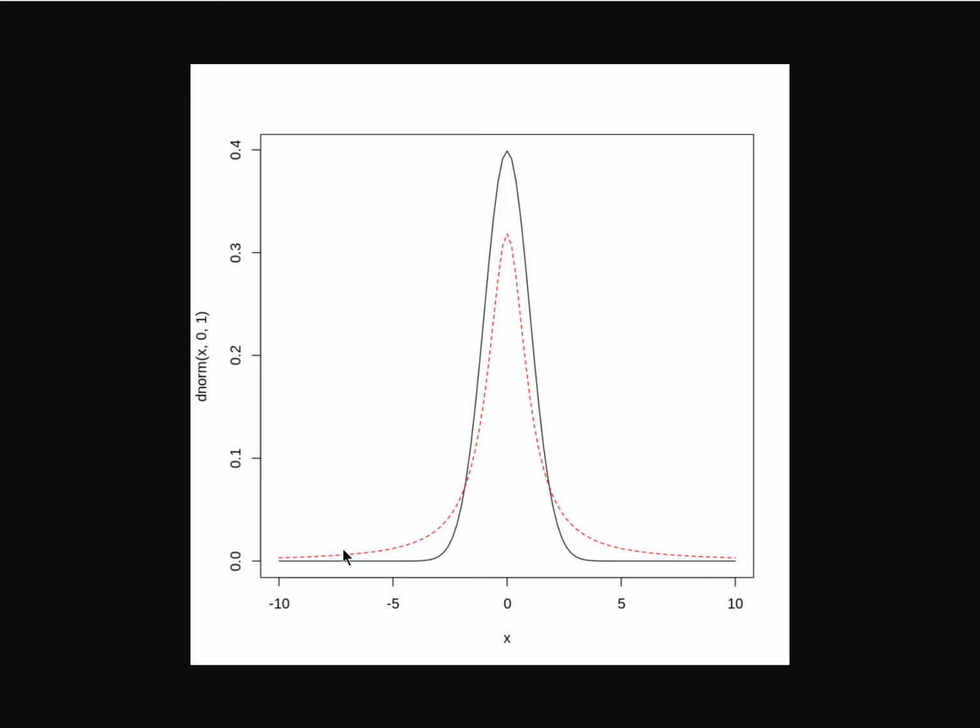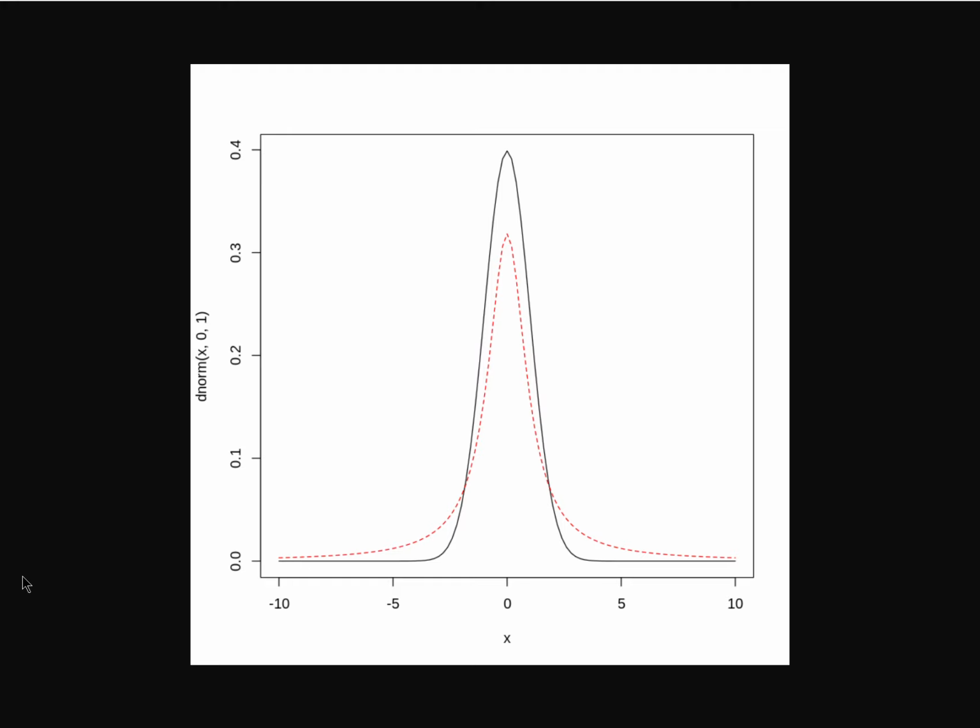Especially as you go out towards the tails, it's a little bit difficult to really appreciate this. But as you go out towards the tails, the probability of a very large value in a normal distribution becomes basically zero. If I were to zoom in here, which I'm not doing, you would see that the probability of an extreme value for the Cauchy distribution, the red, is always greater than for the normal distribution.